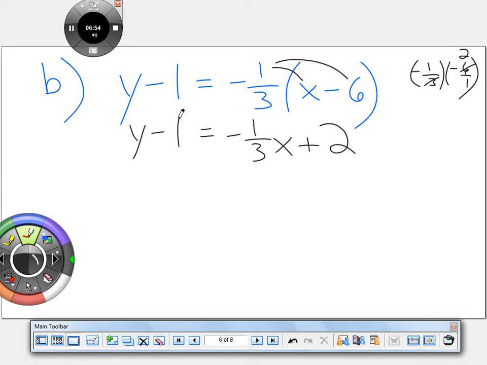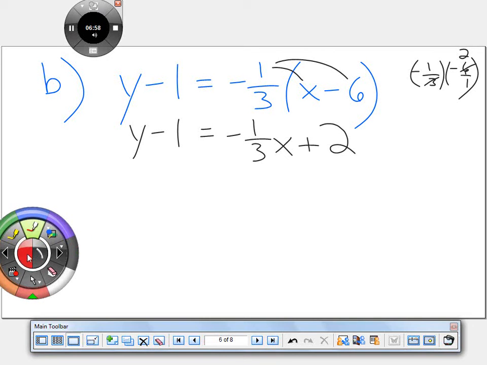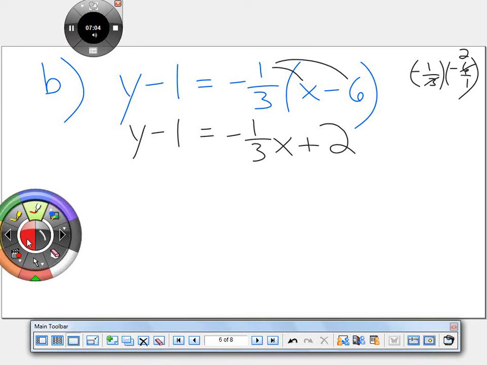Now remember, with the standard form, you don't have fractions. So we've got to figure out a way to get rid of that 3 on the bottom. So what you can always do is multiply by whatever that number is on the bottom. If that's the only fraction, then you just multiply by whatever that number is on both sides. So we multiply both sides of the equation by 3. That should do the trick.